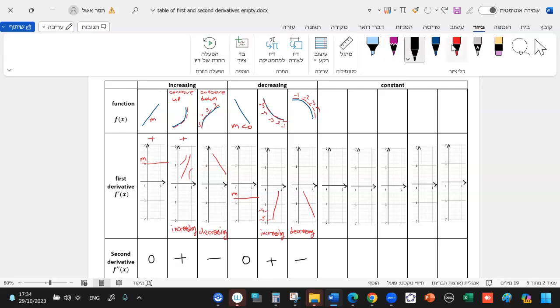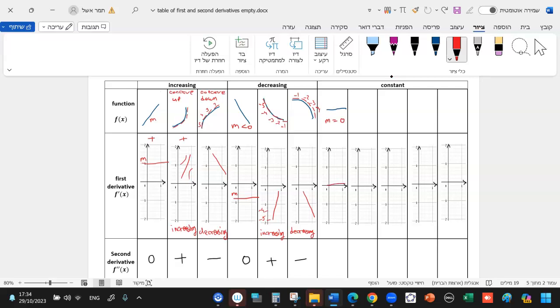Let us go to the cases where the function is a constant, doesn't change. So we could have an interval in which the function is constant. This is where the gradient of the function is 0 all along.